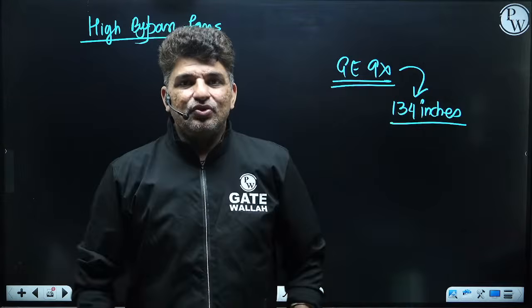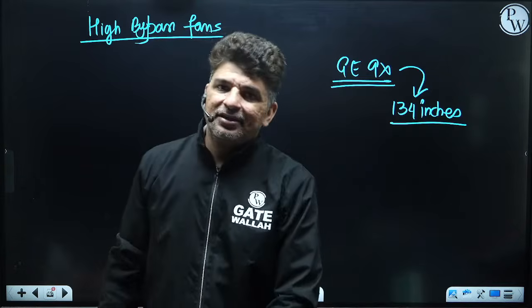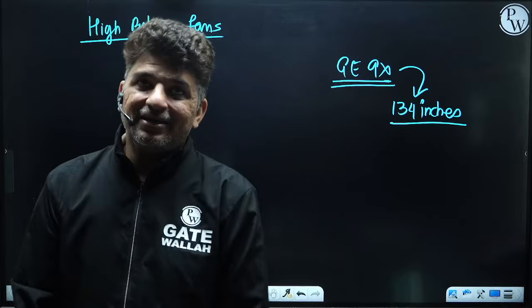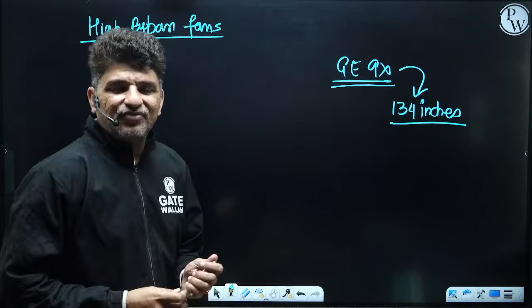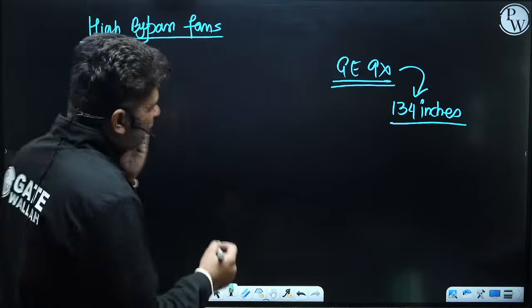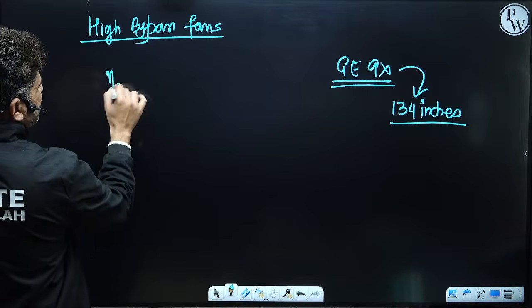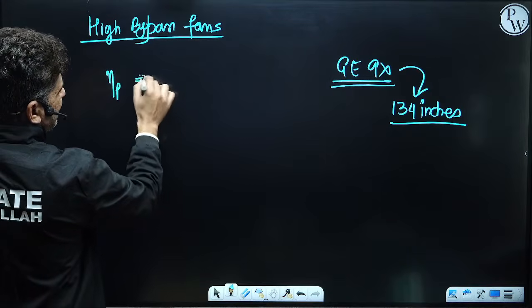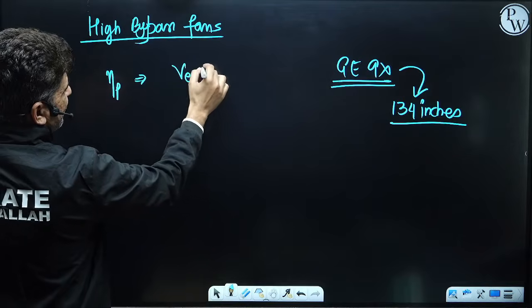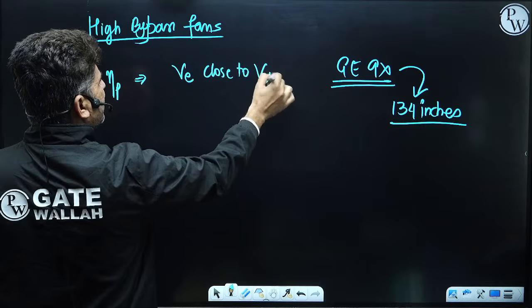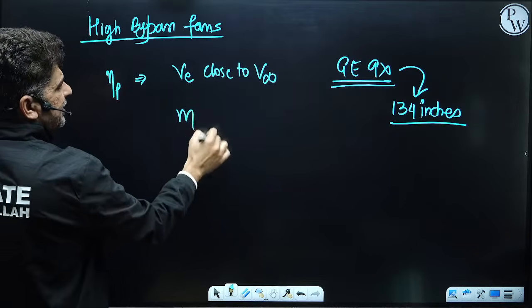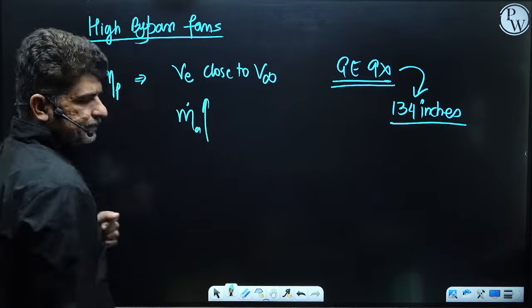So you see, this is what the airline industry is doing. To improve the efficiency, the propulsive efficiency will be higher. So what they are actually doing is they are bringing V exit close to V infinity, and they are increasing the mass flow rate of air.